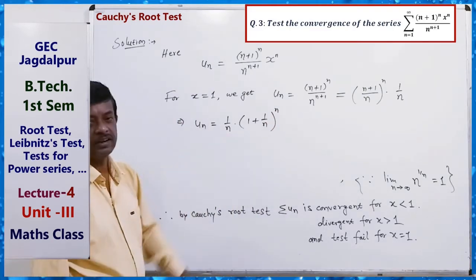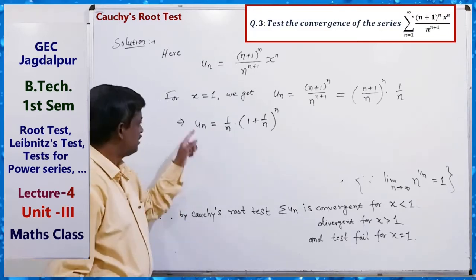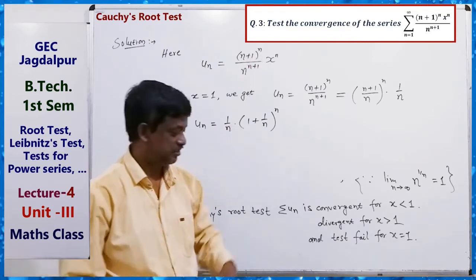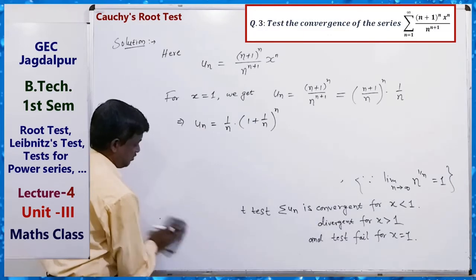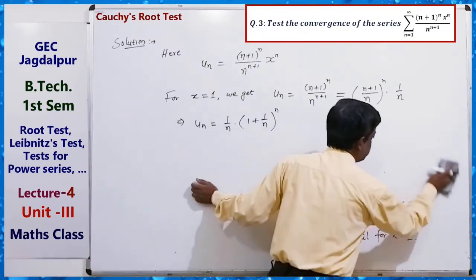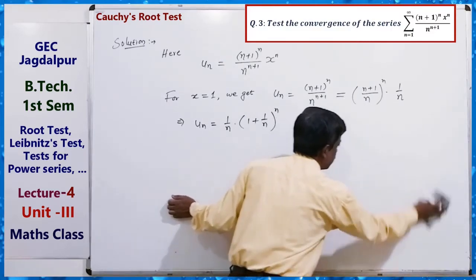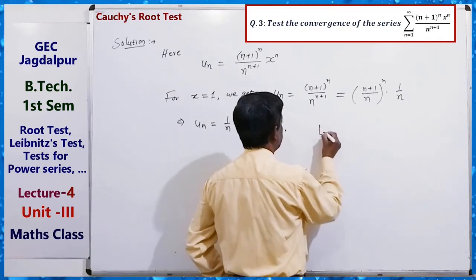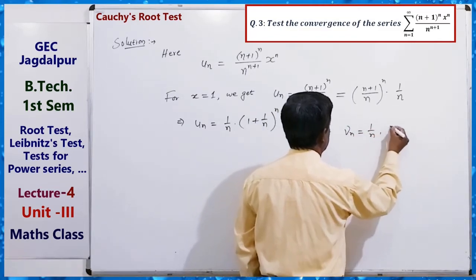From this un we can find vn for the comparison test. Let vn equal 1 by n.